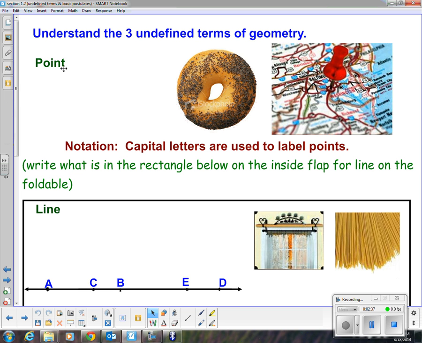And the first thing I want to talk about is a point. And a point has no size. It has no width. It has no length.